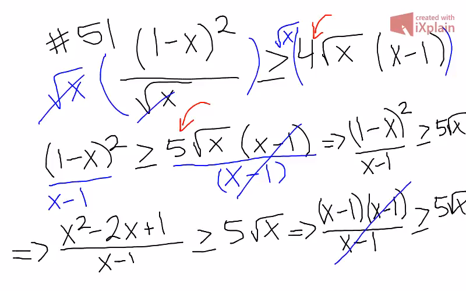Alright, so let's see. Next we want to divide by that x minus 1 so that these cancel. Okay, and then we get this right on over here. From there I work out this 1 minus x squared. I do 1 minus x times 1 minus x, and I get this whole thing down here.